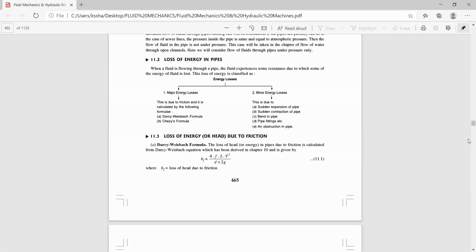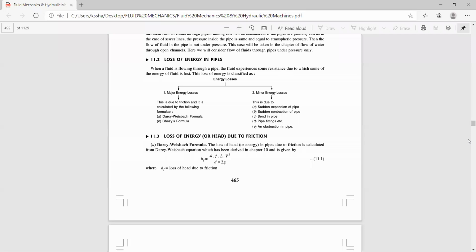Whereas in case of minor losses, we have sudden expansion of pipe, sudden contraction of pipe, bends in pipe, pipe fittings, and obstruction in a pipe. We have to see all these things. So first we will see loss of head due to friction, as it is a very important topic and also a guarantee question from this module.